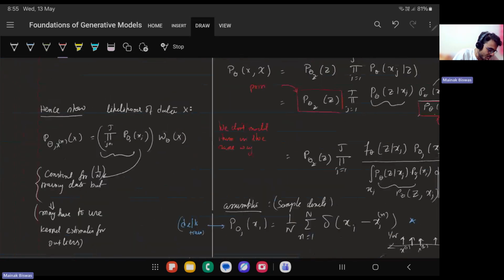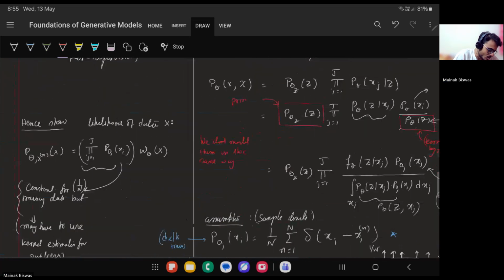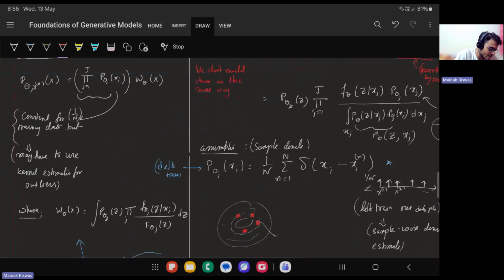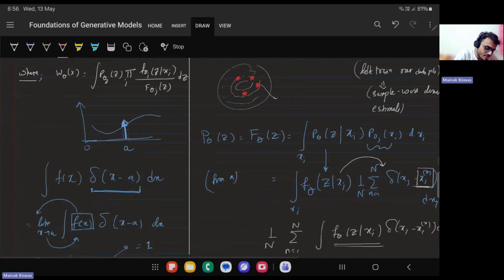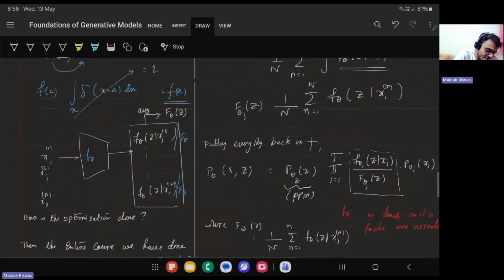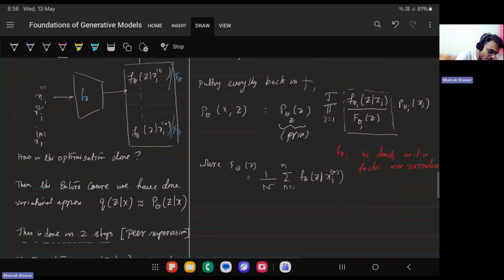So I'll just write it at the end maybe. I have to show that the likelihood is equal to some constant times some function of theta. As you can note, f theta z also depends on the data set, because capital F theta depends on the data set.